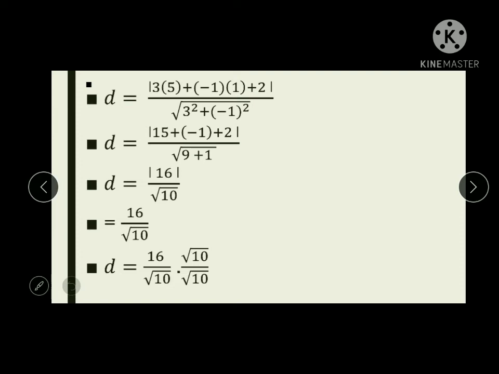So, multiply natin ang entire fraction into square root of 10 over square root of 10. Para sa denominator, matatanggal na yung square root, maging 10 na lang. And the result is distance equals 16 square root of 10 over 10 units. Dapat may units pa rin dahil we are dealing with distance.